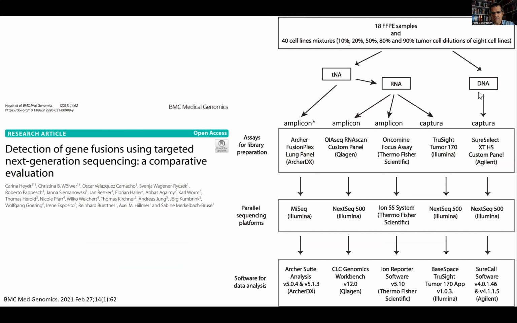So one was DNA-based with hybrid capture, an Agilent panel. Then 3, one RNA amplicon. This is the ArcherDX. The chemistry is a little different, right? Because they use adapters so they can detect fusions with unknown partners. It's an RNA-based assay. 2 and 3 others. So 2 amplicon-based and 1 capture-based.